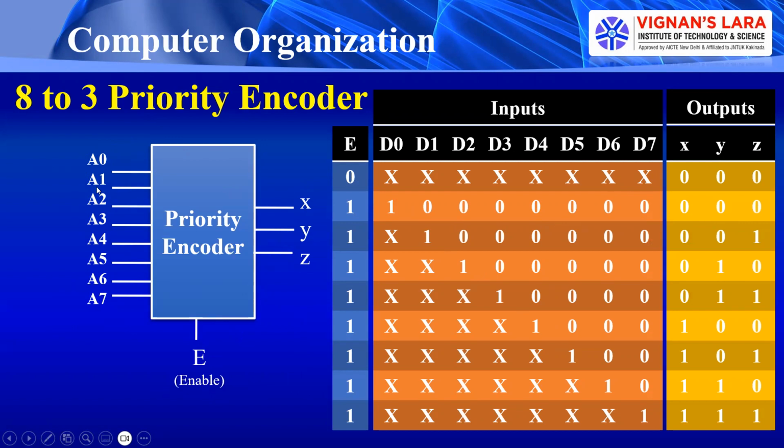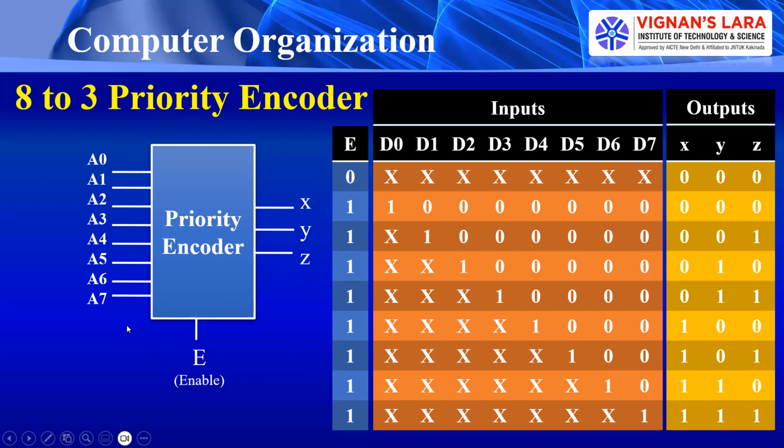Next, for A1, it can produce a code. Basically here I write it as D1. So only when D2 to D7 are 0, the D0 value, whatever it may be, is don't care, because the priority of D0 is lower than D1. Your priority encoder will produce the code for only D1 in that case.